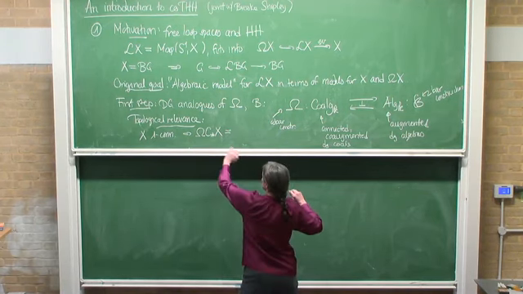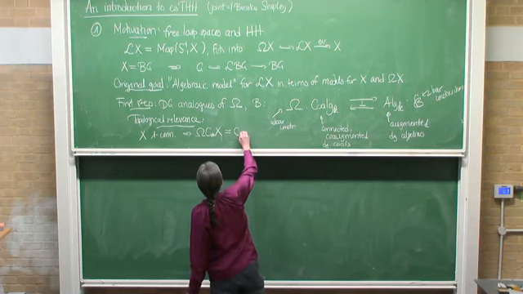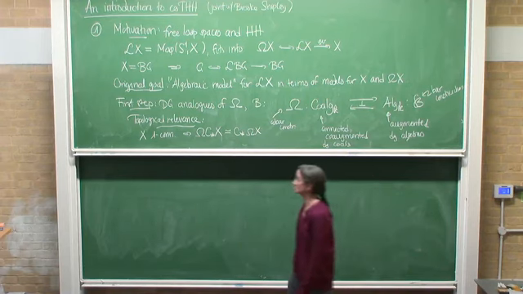So the co-bar construction on the chains on X, which is itself a DG coalgebra, is equivalent to the chains on loops X. This is Adams' result.